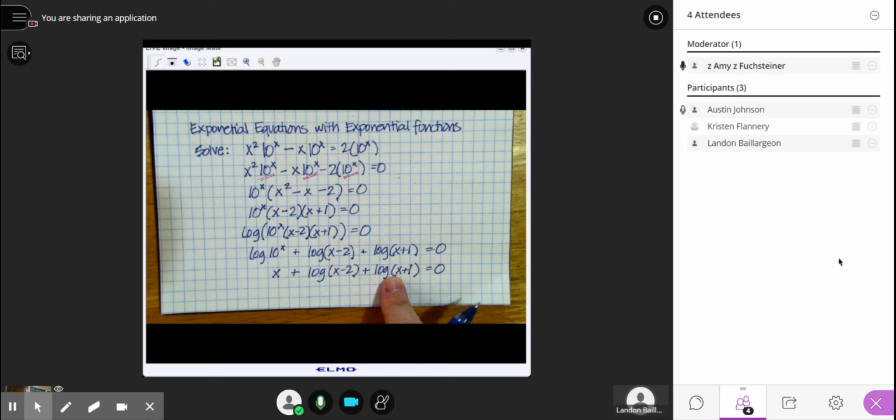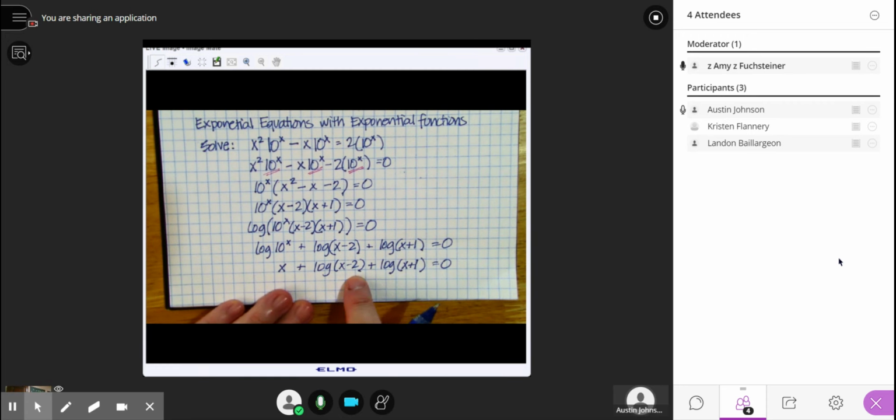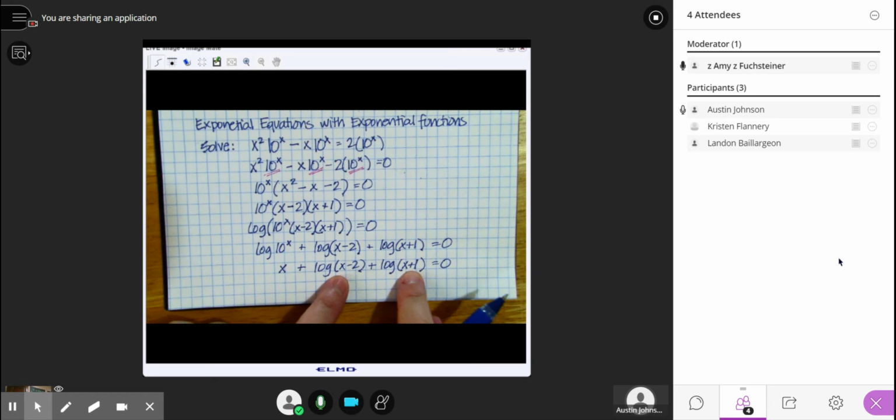I mean, I can't distribute the log. Like I can't make it log of x minus log of 2. I can't do that. It's a nice shot, but that's not a possibility. Since this is log of x minus 2, log of x plus 1, I could go back and multiply those again. But I don't know.